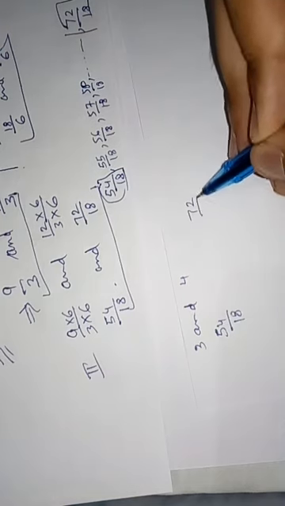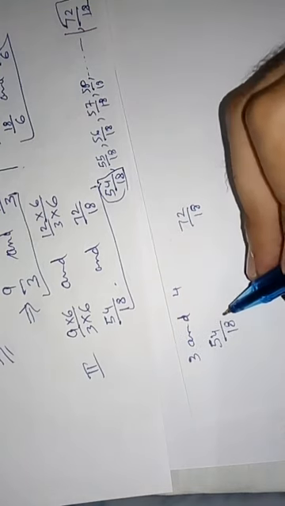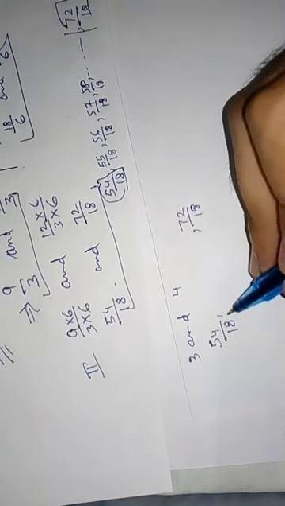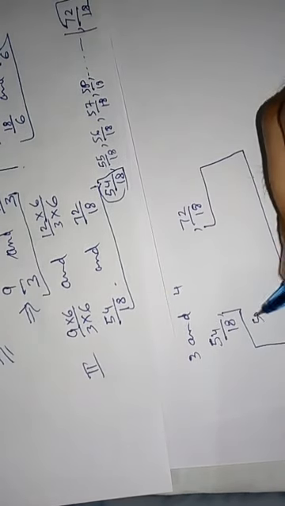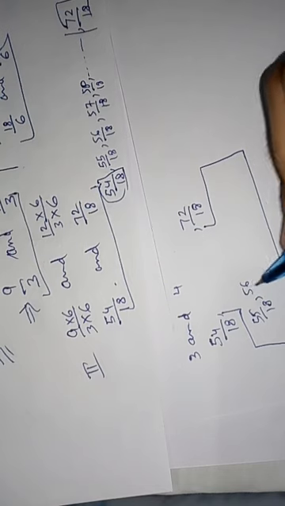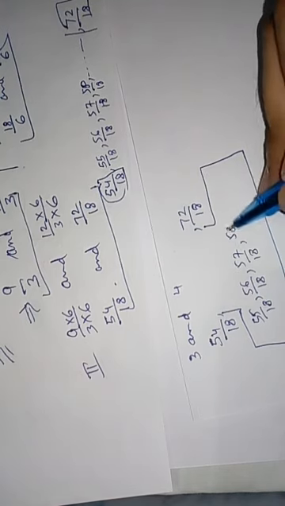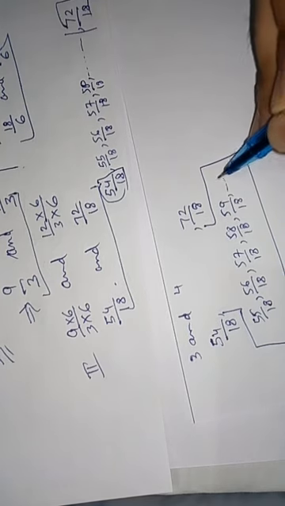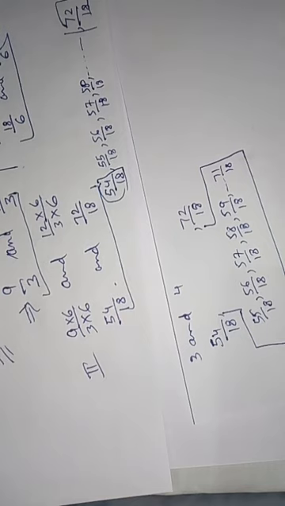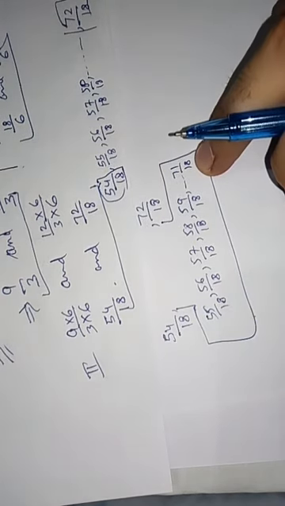And this side 72 upon 18, when you cancel them, this will also be 4. So in between this, the numbers I am writing in this box: 55 upon 18, 56 upon 18, 57 upon 18, 58 upon 18, 59 upon 18. You can choose up to 71, any 5 numbers. Okay, but numerator you increase, denominator will remain the same.